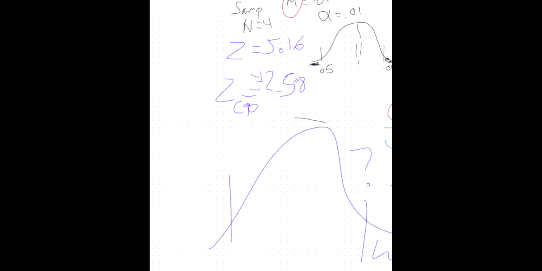Indeed, you could memorize that if this is two-tailed, then the cutoff score is plus or minus 2.58. It is a different number if it's one-tailed. And likewise, you could memorize that this is plus or minus 1.96.